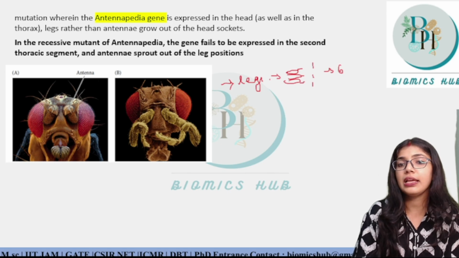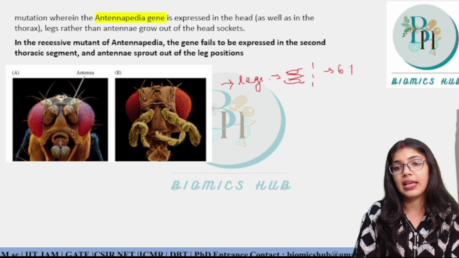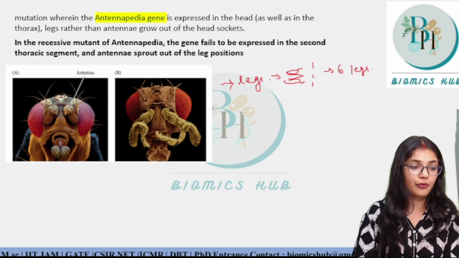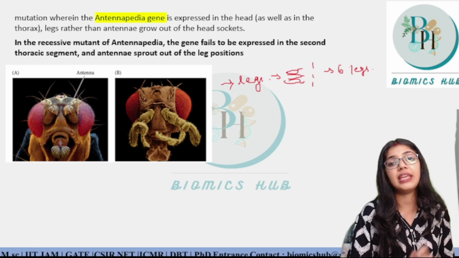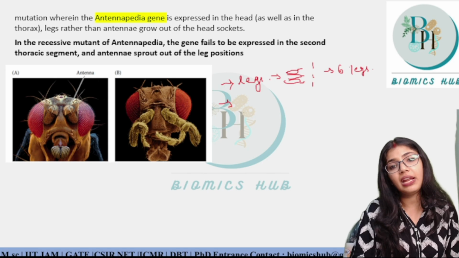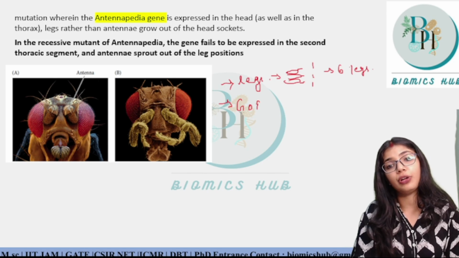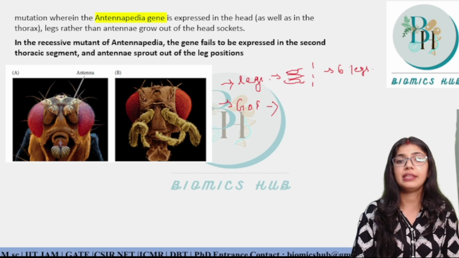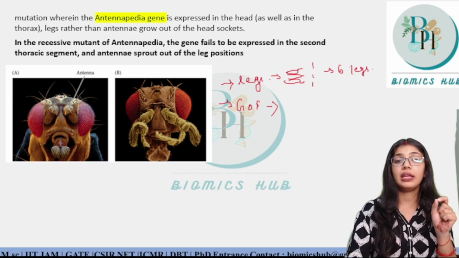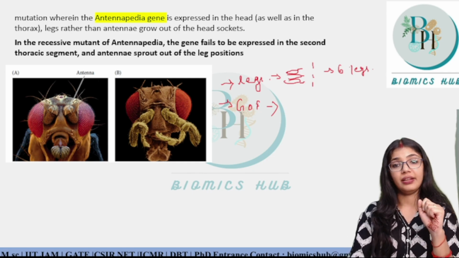So six legs are present in the wild type form. What happens if there is gain of function? When there is gain of function of this antennapedia complex, legs will be formed in the head.